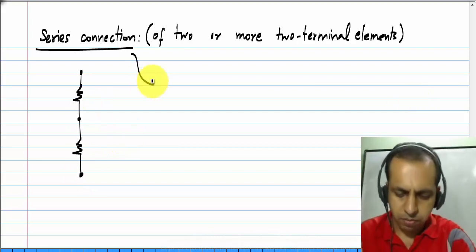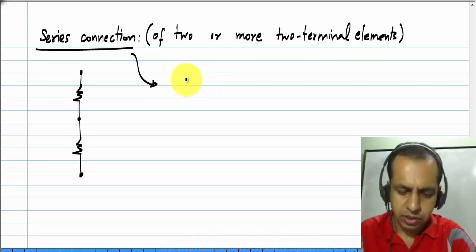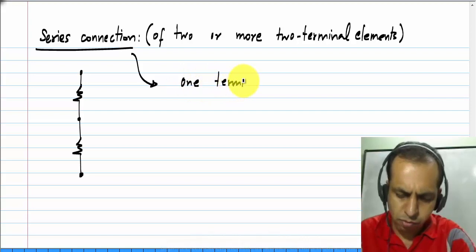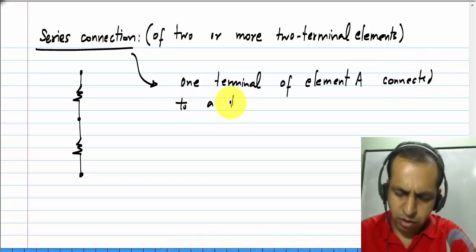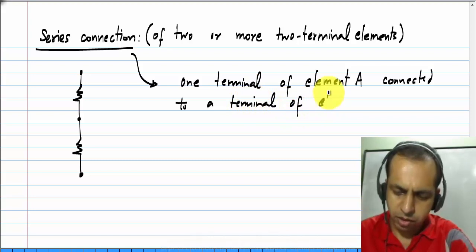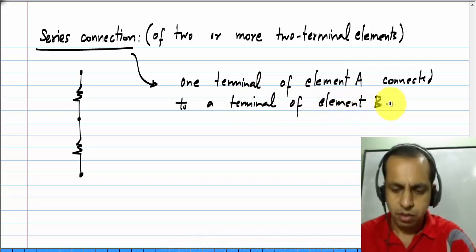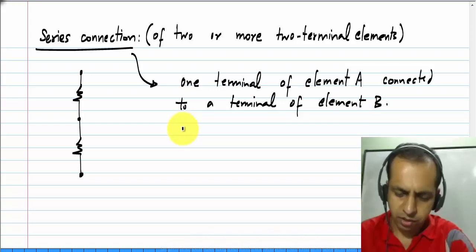Now, what constitutes a series connection? For two terminal elements, one terminal of element A is connected to a terminal of the second element B.